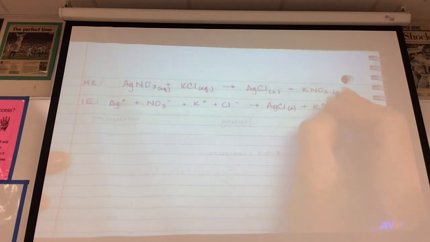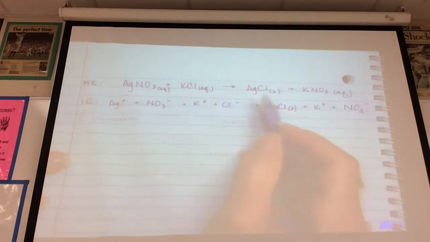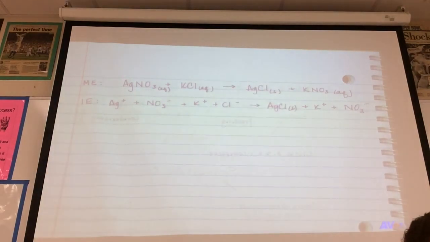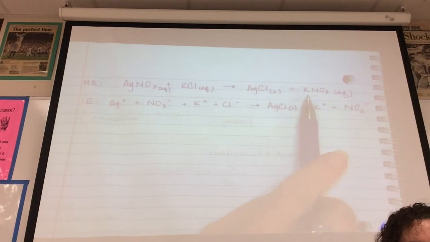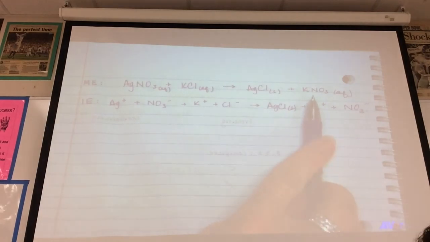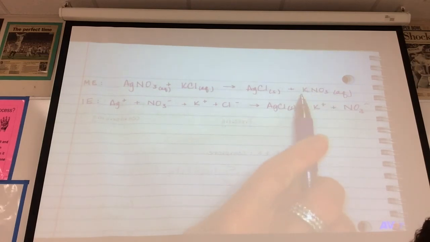This is aqueous. In a double replacement reaction, one product will be a solid and the other will be aqueous. And if I didn't tell you potassium nitrate was aqueous, how would you know that anyway? All nitrate ion containing compounds are water soluble, and all group 1 ion containing compounds are water soluble.